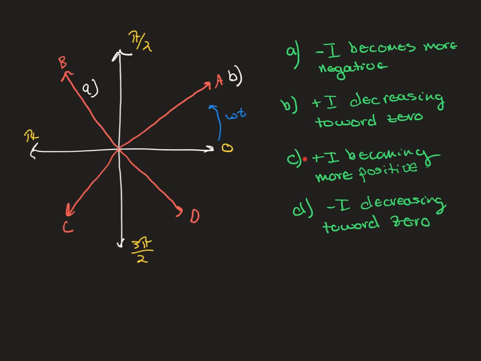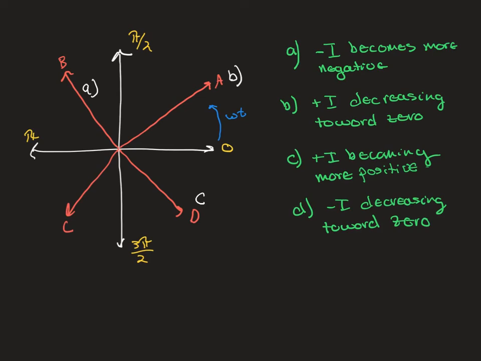In C, we want to find a positive current that is becoming more positive. So since we're dealing with positive, we need to be on this side. And we already matched this one up, so it has to be D. And we know it's D because we're going from 3/2 pi, so cosine would be 0, up to cosine of 0, which is 1. So we're a positive current and it is becoming more positive.